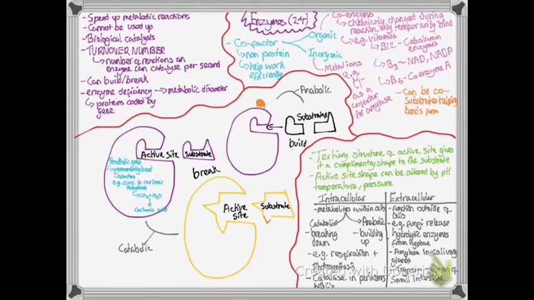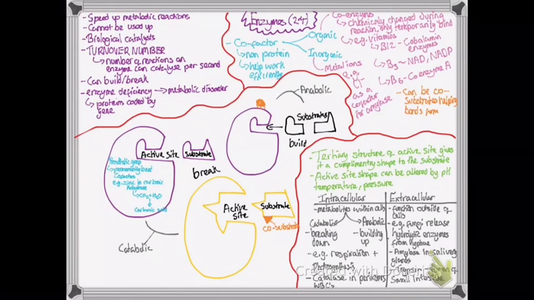A prosthetic group is basically a cofactor which is permanently bound to the enzyme. Most of our cofactors are temporarily bound, and they are used up during the reaction. Some only last for one reaction, then they need another cofactor to bind. Others just bind for so long.